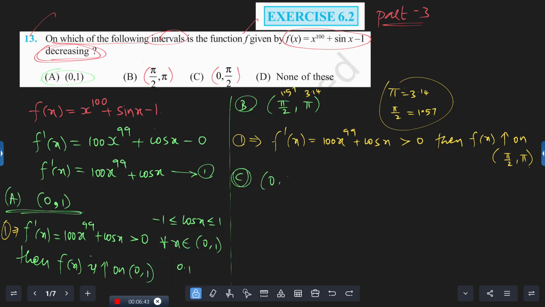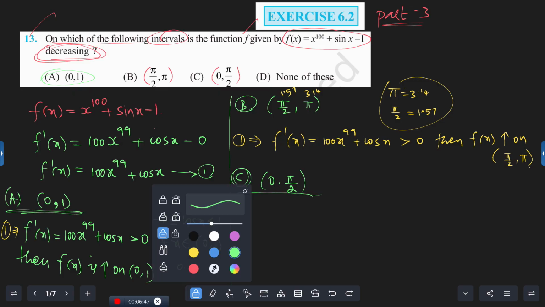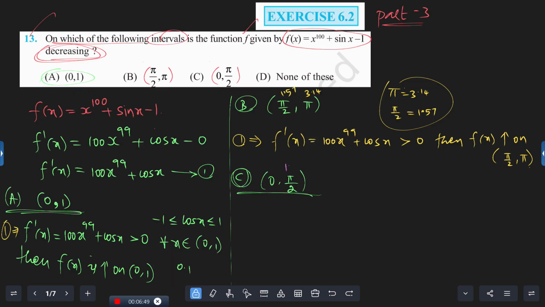Option C, 0, pi by 2. Pi by 2 means, as I said, 1.57. So 0 above, 1.57 below, you can take half, 1, these things. If you substitute 1, f dash of x is equal to 100 into x power 99 plus cos x, which must be greater than 0.